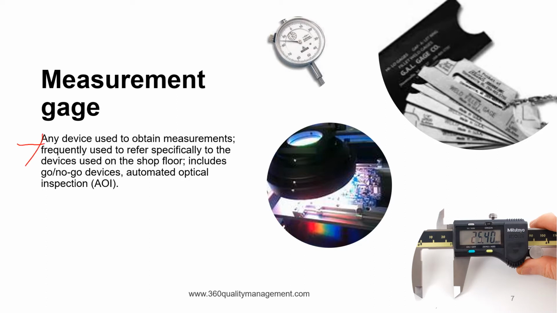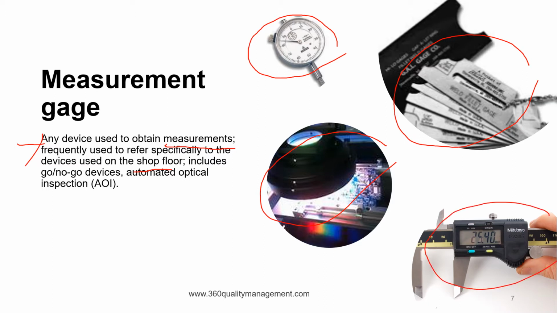It is any device that is used to obtain measurements and frequently refers to devices used in the manufacturing area or the shop floor, which could include a go-no-go gauge like a feeler gauge, automatic optical inspection, a temperature gauge, and the vernier caliper, and even the eye of the operator is also a type of measurement gauge, where it is used to judge whether the part complies or does not comply to a certain spec or certain criteria.